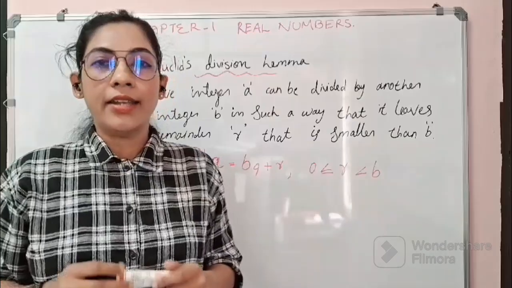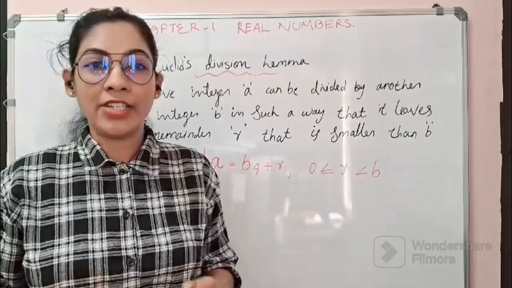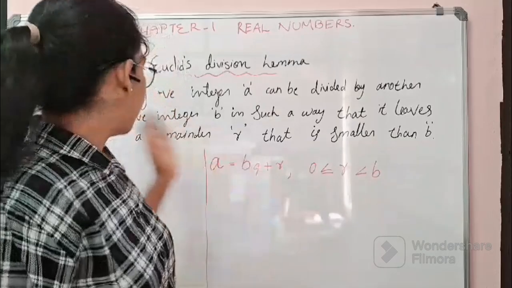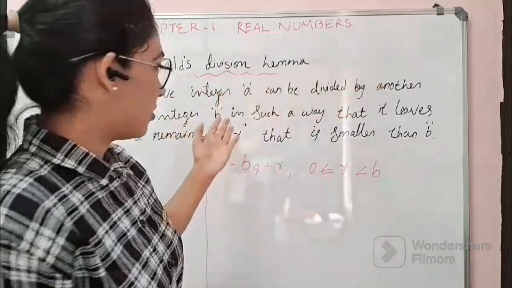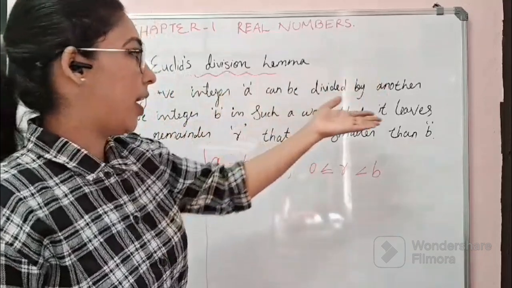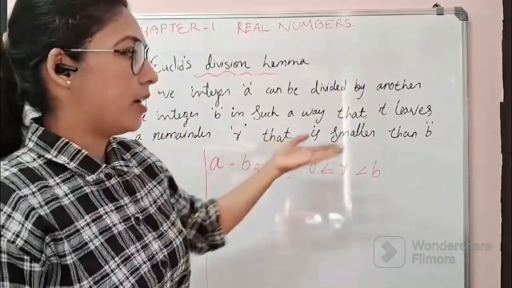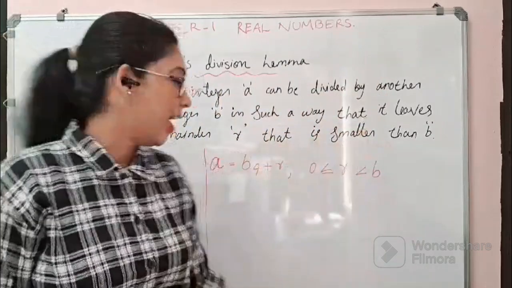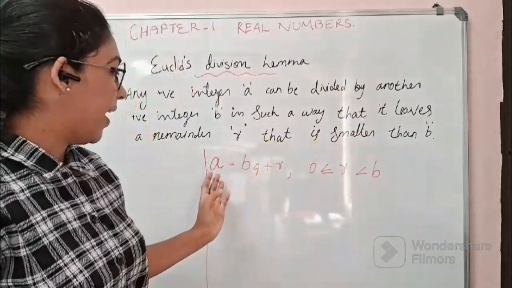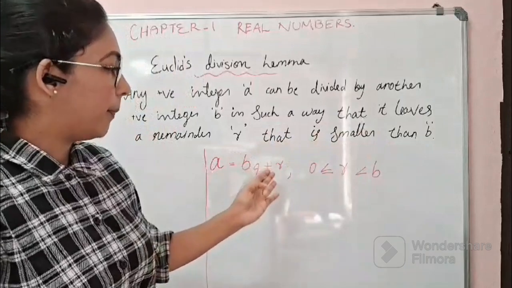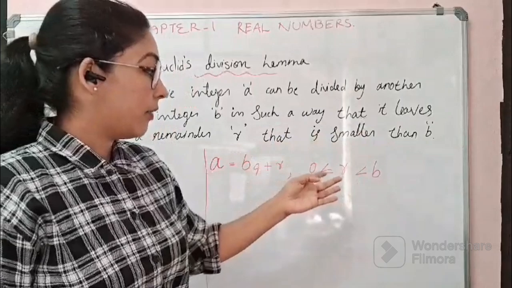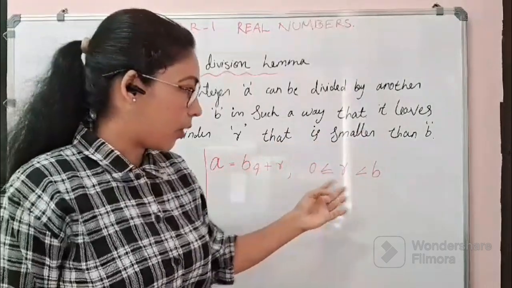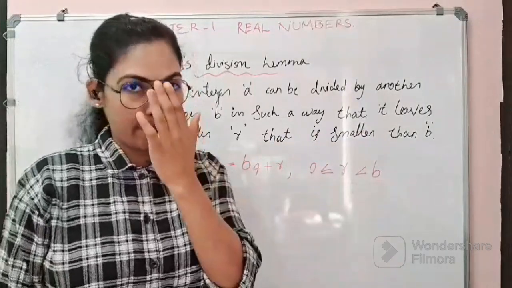And the next topic is Euclid's division lemma. It states that any positive integer a can be divided by another positive integer b in such a way that it leaves a remainder r that is smaller than b. Mathematically we can write a = bq + r, where r is greater than or equal to 0 and less than b.